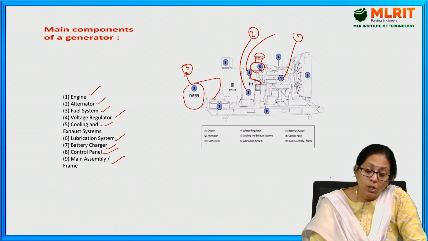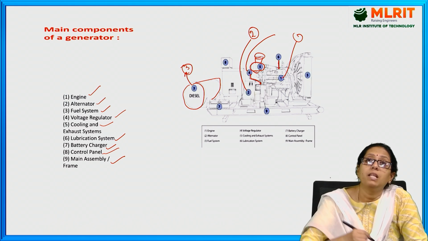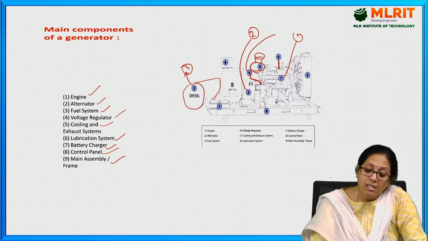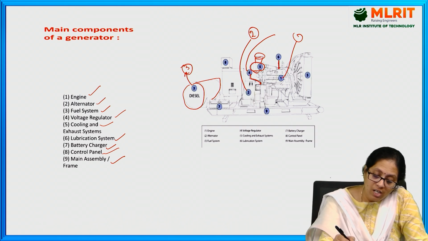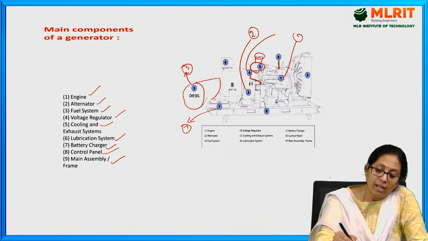The next one is the lubrication system. Here you can see the lubrication system, where the lubricating oil can be placed. The next one is the battery charger. Here is your seventh one, the battery charger. The next one is the control panel.